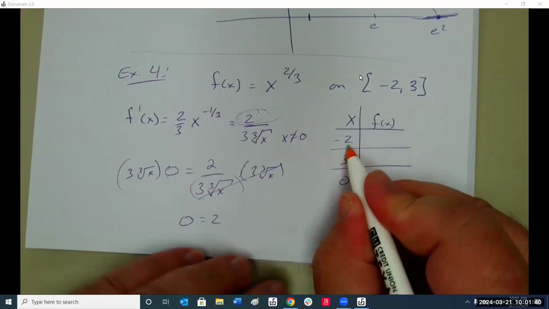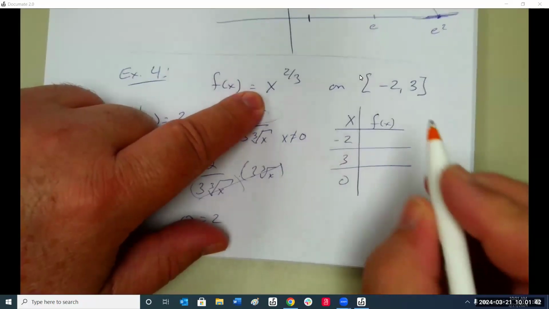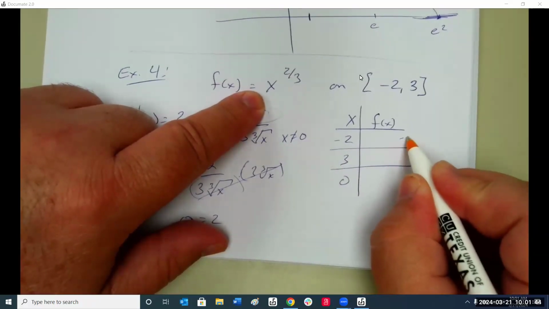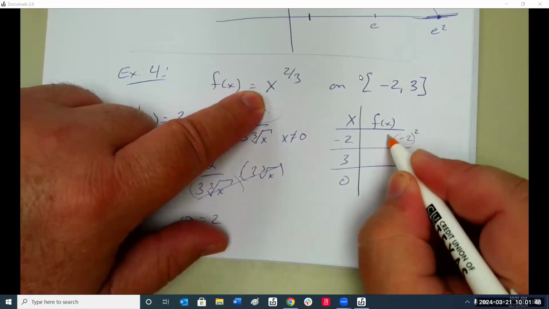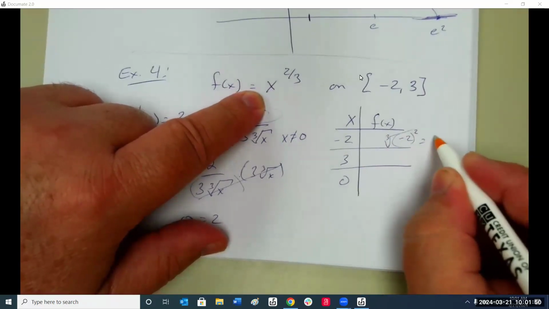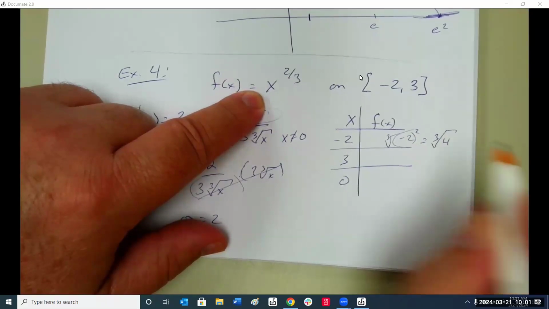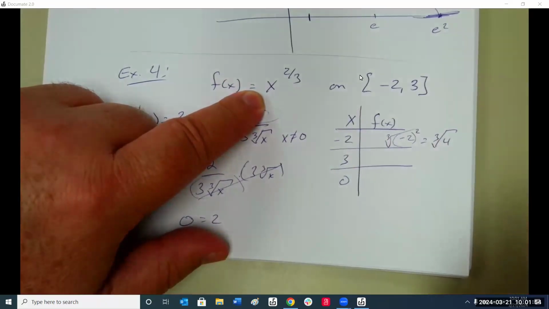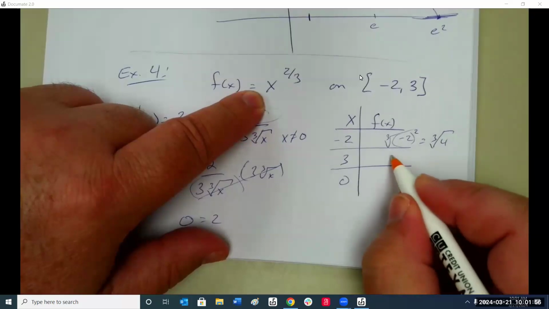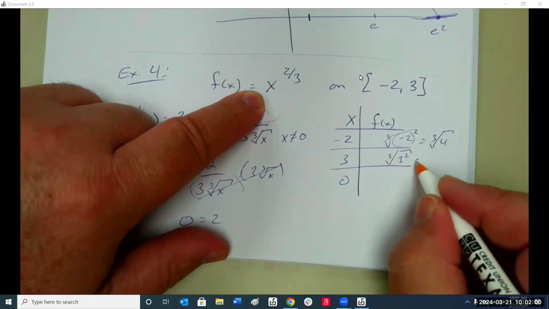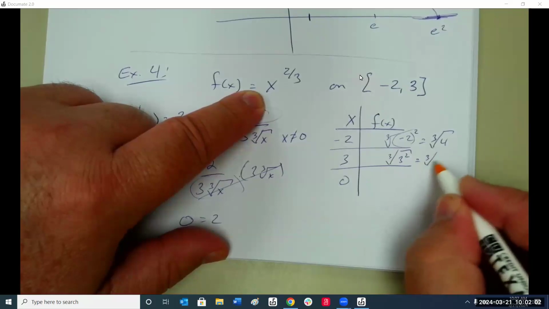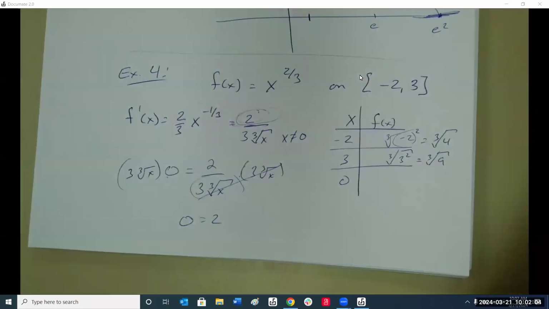At -2, what do we get? If we square it and then cube root it, we get cube root of 4. At 3, the cube root of 9.